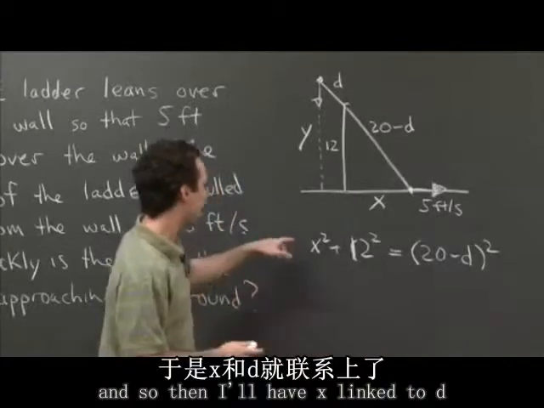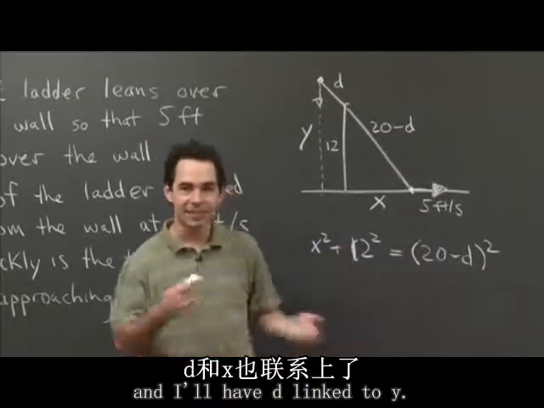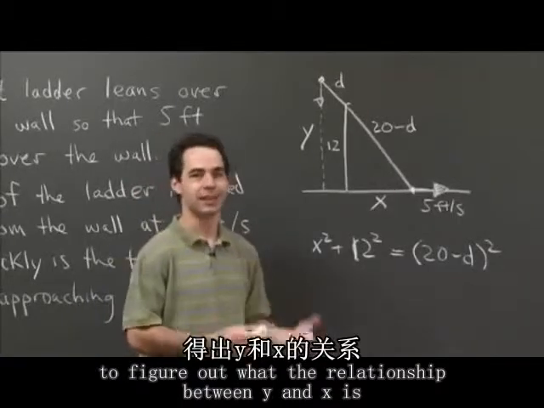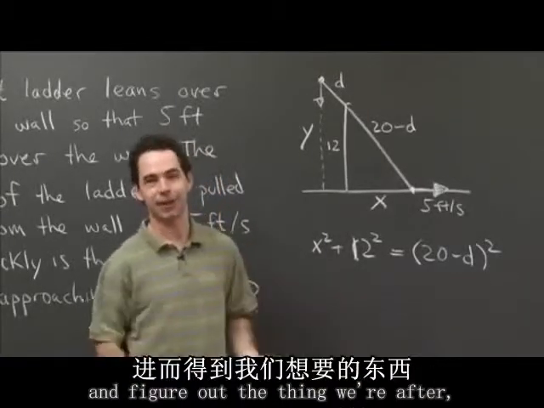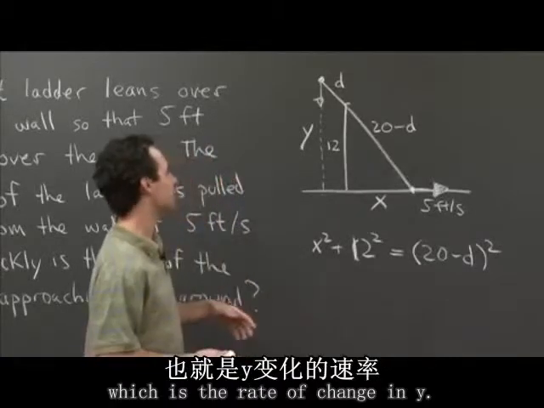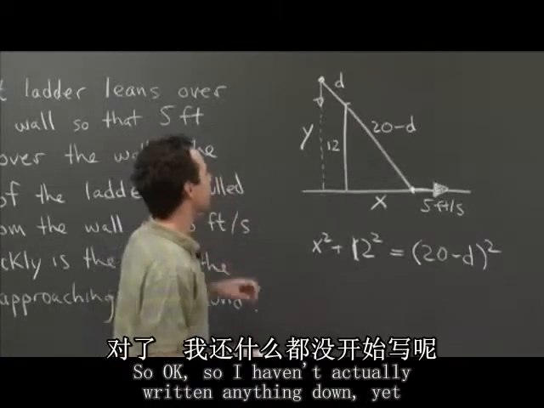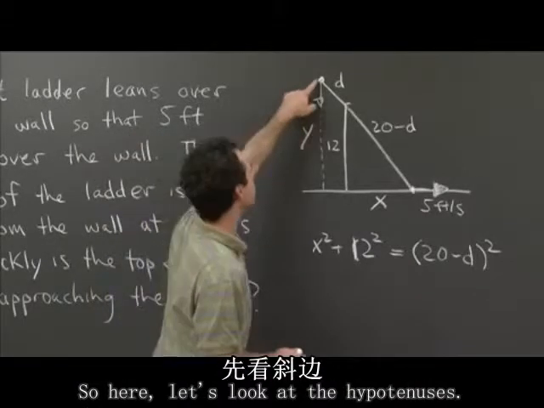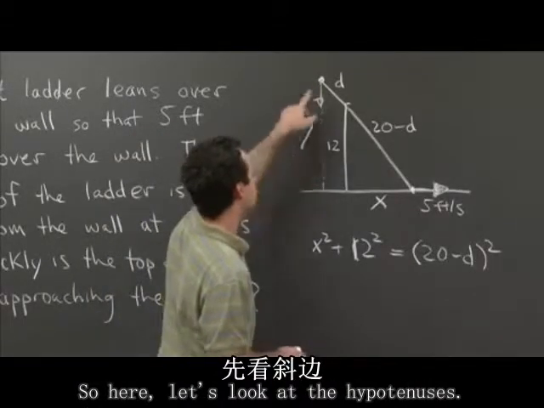And so then I'll have x linked to d, and I'll have d linked to y. And so then we can use related rates to figure out the relationship between y and x and figure out the thing we're after, which is the rate of change in y. So okay, I haven't actually written anything down yet. So what is the similar triangle? Let's look at the hypotenuses.